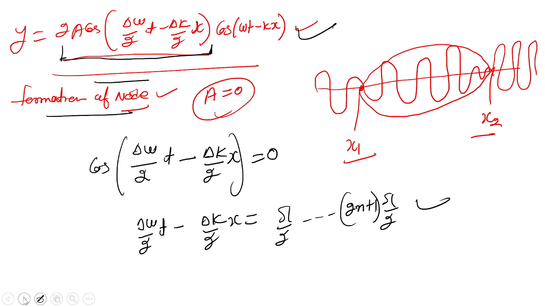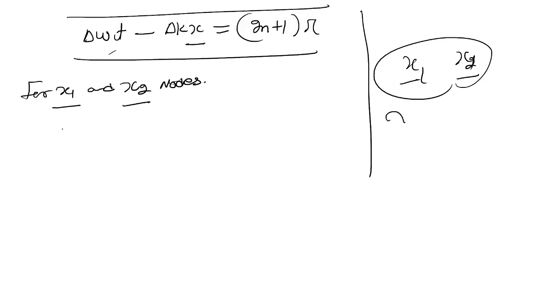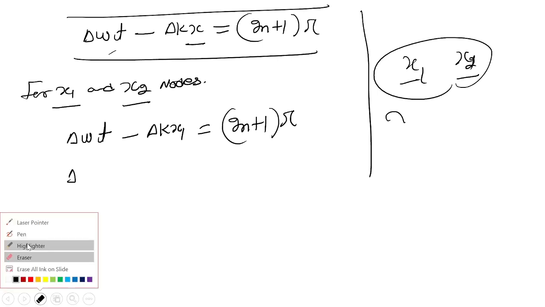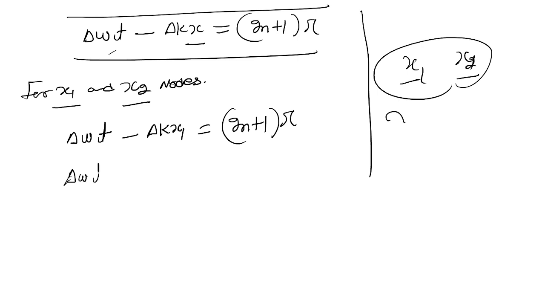Put x1 in this expression, so we get Δω t − Δk x1 = (2n+1)π. Now for the second one, for x2, we have Δω t − Δk x2, and this is equal to (2n+3)π, because these are consecutive nodes.